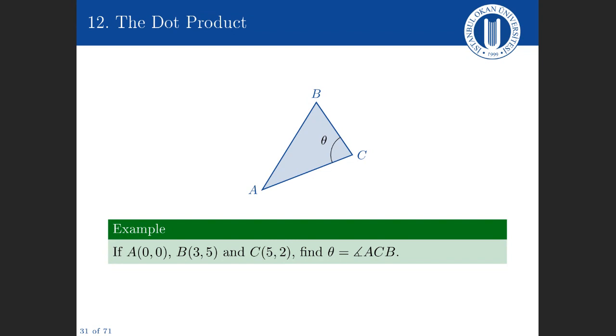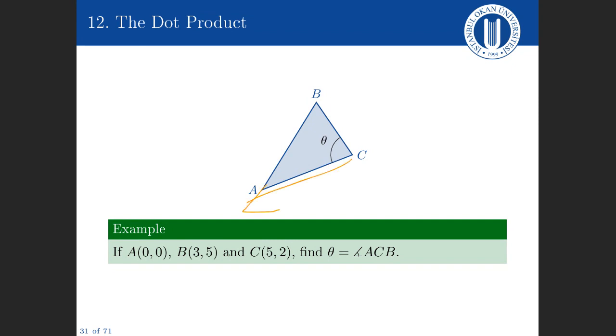Another example. Let's suppose we're given 3 points A, B, and C, and we're asked to find the angle theta, shown in this picture. This is the angle ACB. That's the angle at C, between the lines AC and CB. What we need is two vectors.